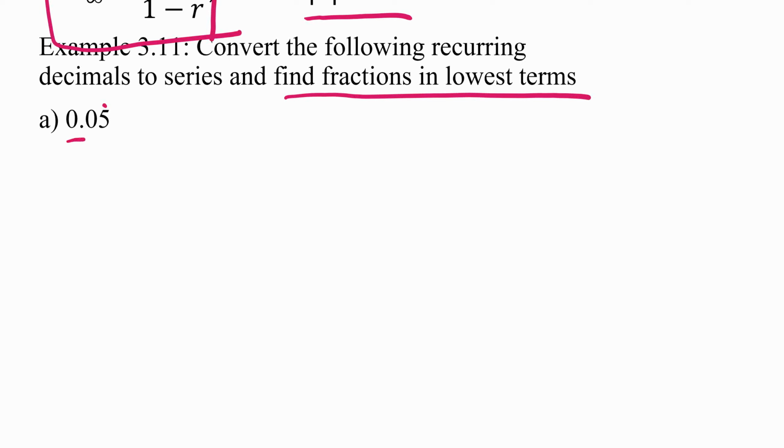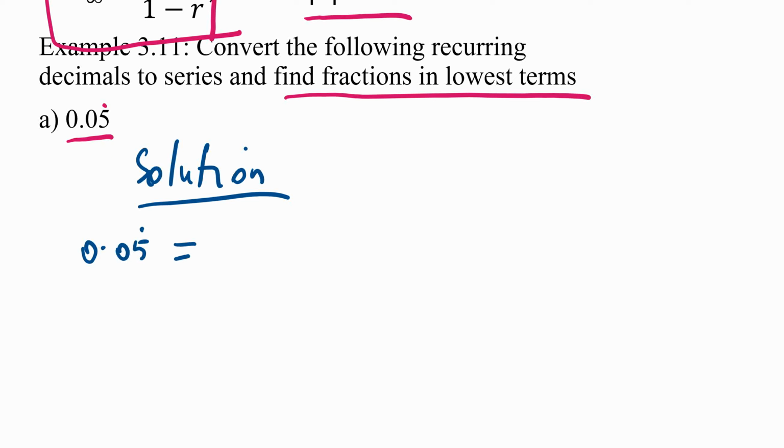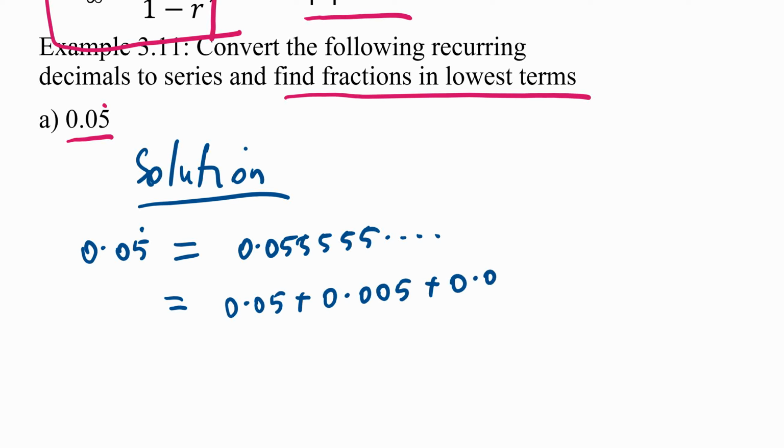So we have 0.05 repeating. Solution: 0.05 repeating is equal to 0.0055555, it goes to infinity, and this can be rewritten as 0.05 plus 0.005 plus 0.0005, it goes to infinity.